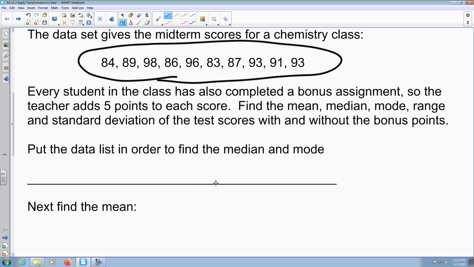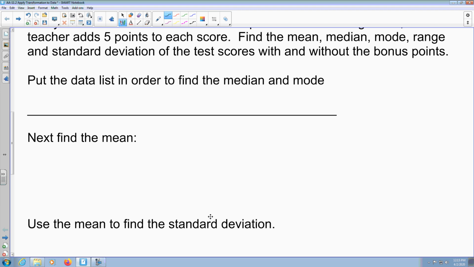Here it says put the list of data in order. So I'm just going to count: 1, 2, 3, 4, 5, 6, 7, 8, 9, there's 10. I'm just making sure that I get all of them right. So the smallest value will be 83. Next is 84.